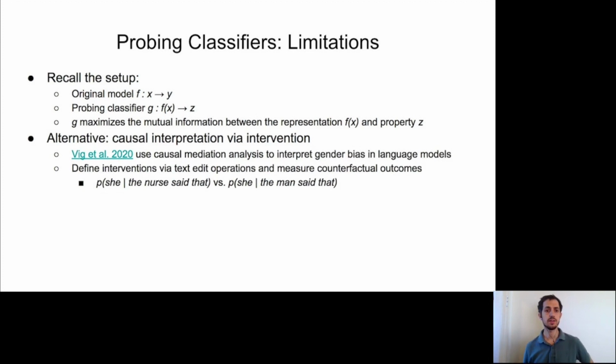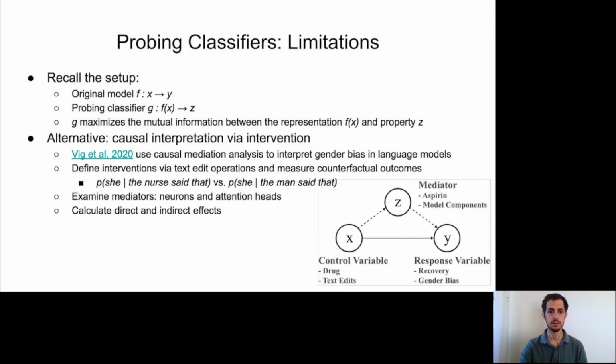We do that by defining interventions as text edit operations and then measuring the difference in the predictions. So imagine you have a language model that predicts the probability of "she" given a prompt, "the nurse said that." We'll compare that to a counterfactual example, the probability of "she" given "the man said that." If there is a big difference between these probabilities, we'll call that a measure of bias.